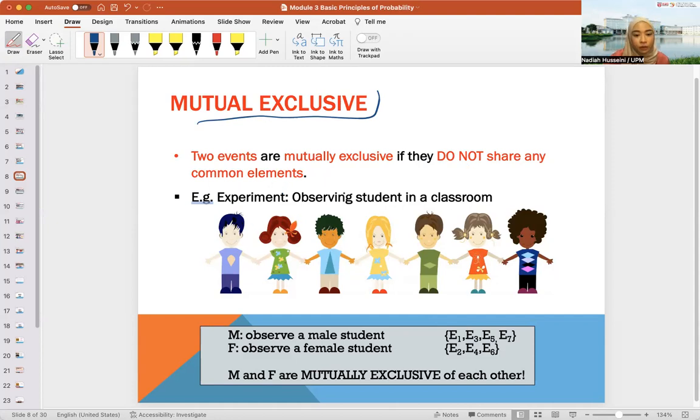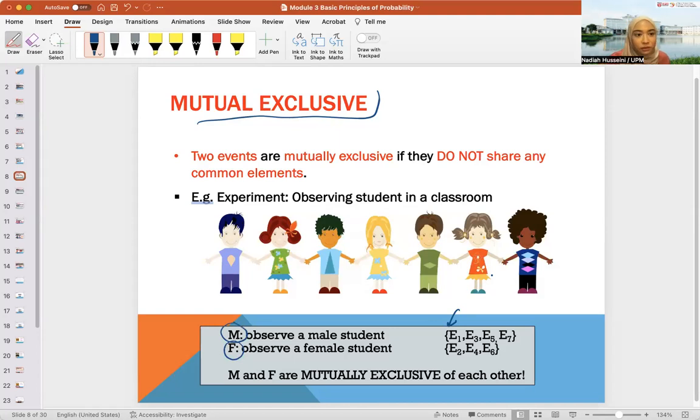For example, observing students in a classroom. So this is M, observing a male student. This happens in events 1, 3, 5, 7, and F, observing a female student, E2, E4, E6. There's no overlap between M and F.